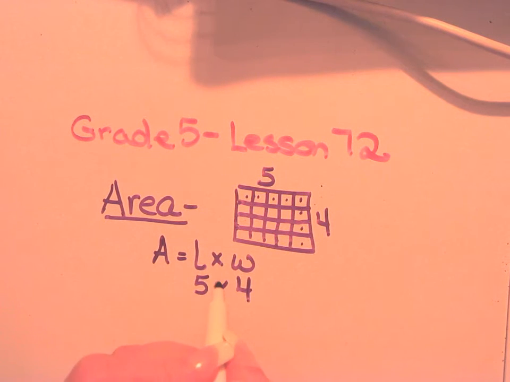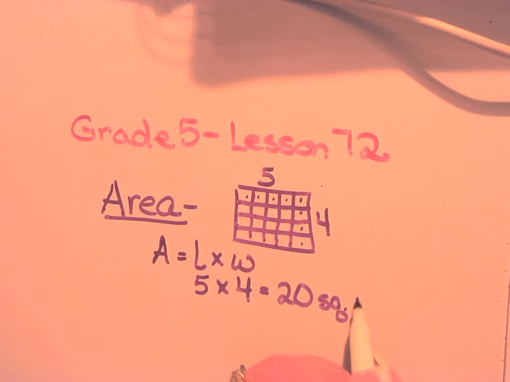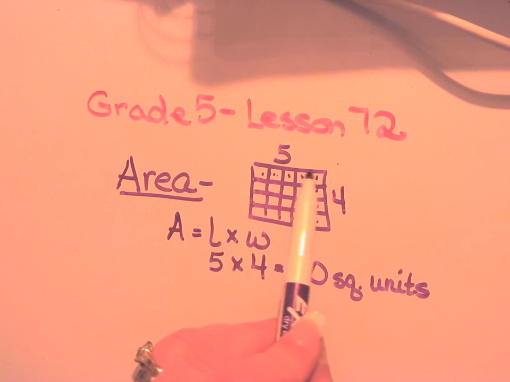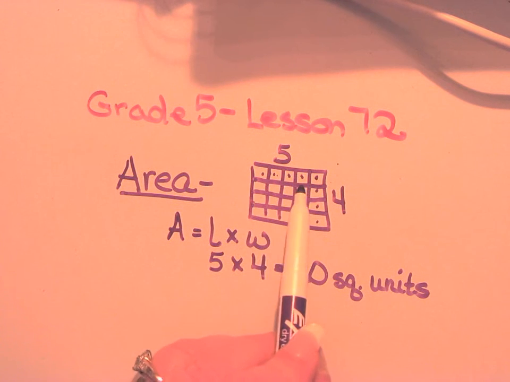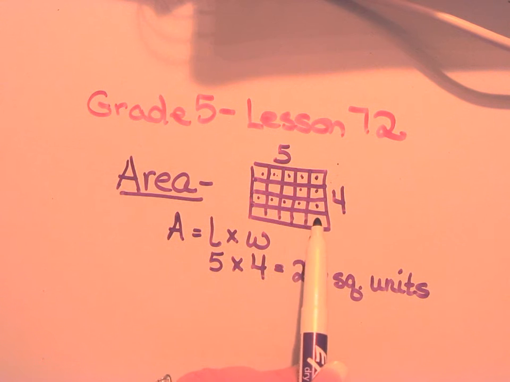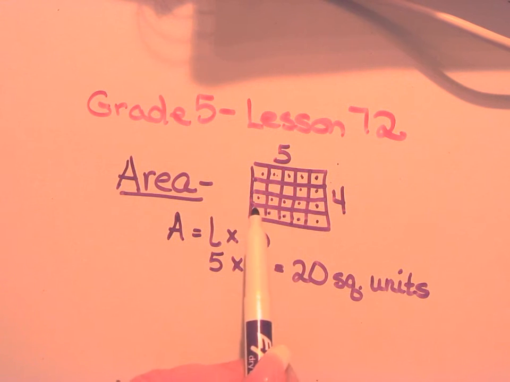So we do 5 times 4, which equals 20, and then square units. If it doesn't have a measurement, then we call it square units. So here, if we look, we can count it out too. 1, 2, 3, 4, 5, 6, 7, 8, 9, 10, 11, 12, 13, 14, 15, 16, 17, 18, 19, 20. So that gives me my 20 square units.